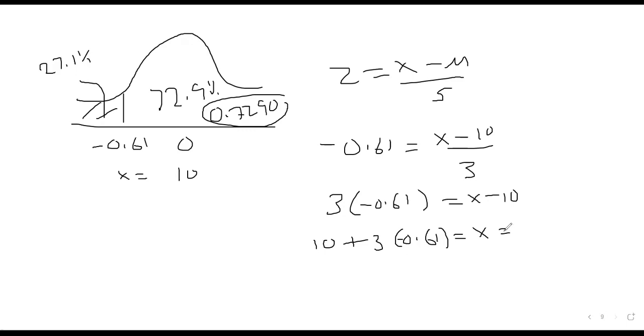Quickly, just punch it in: 10 plus 3 times 0.61. Is it 11.83? You subtract. So it is 10 minus the answer we're going to get here, 3 times 0.61. Then we're going to get 8 point what? 8.17. Which makes sense, should be on the left side. So this is 8.17.